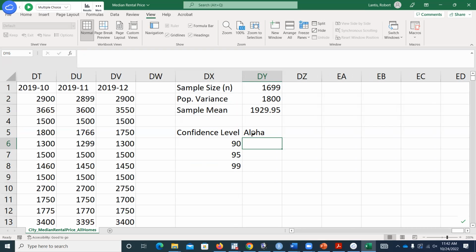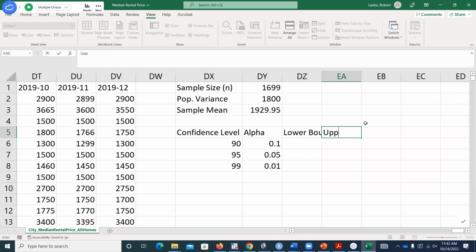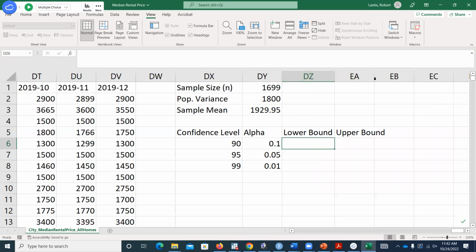So my first alpha would be 0.1, right? There's 10% outside my interval in decimal form, 0.1. 95%, my alpha would be, saw someone mouth it, 0.05. And then my last one, 0.01, right? So I've got 3 alpha levels now. And at each one, I want to find my upper and lower bound, okay?